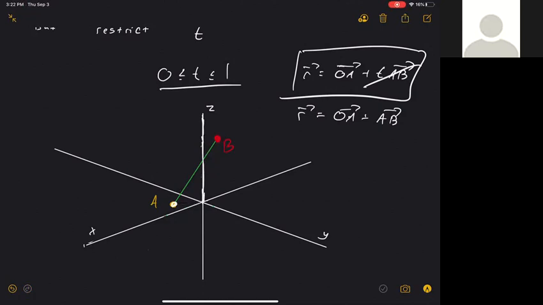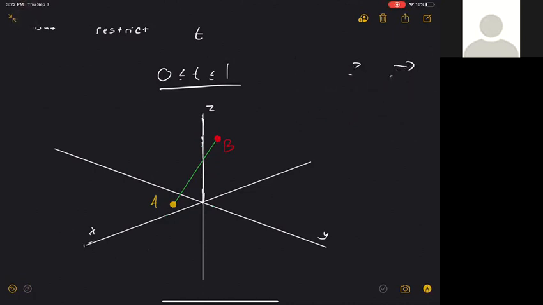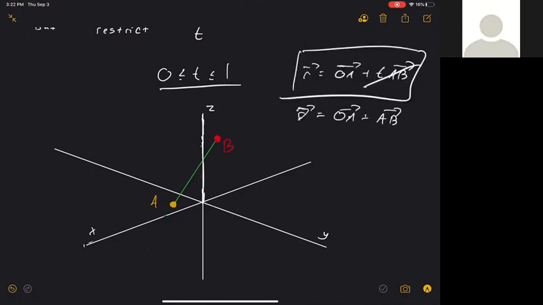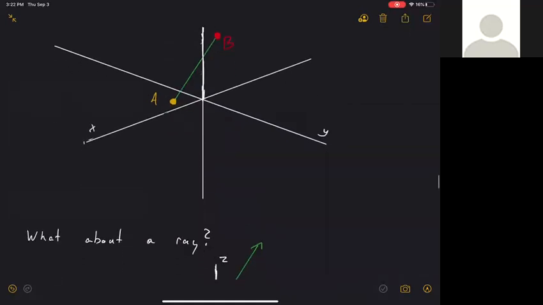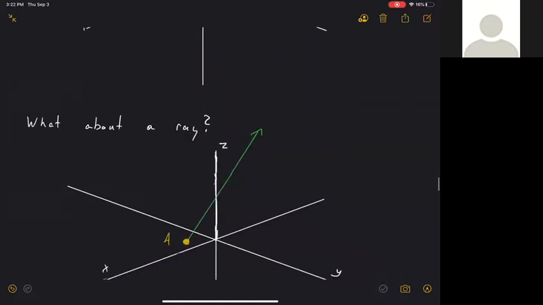So fairly straightforward. And what about a ray? What about something that starts at a point and goes off infinitely in one direction?